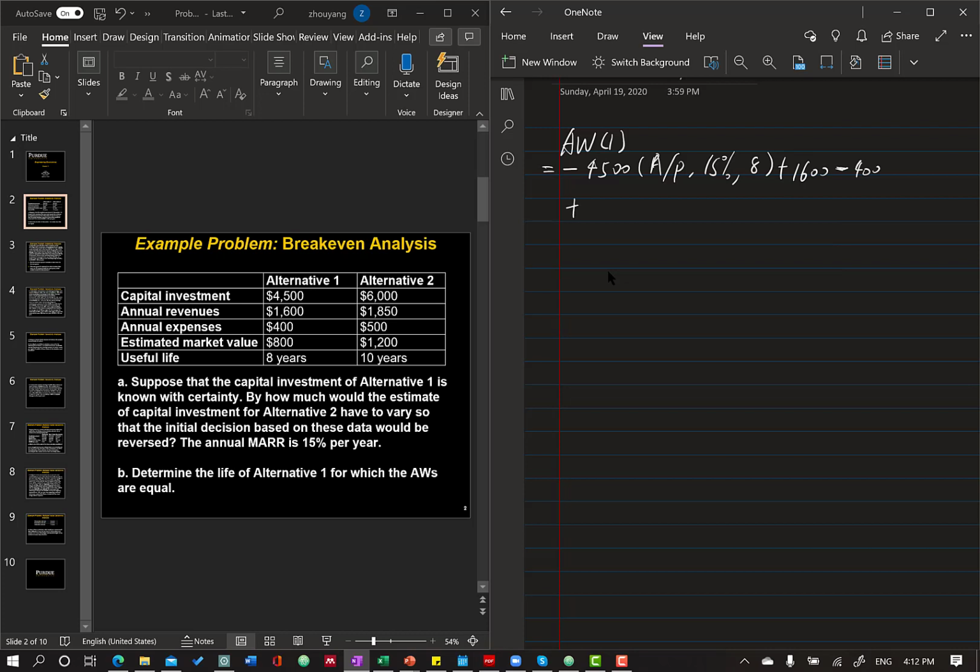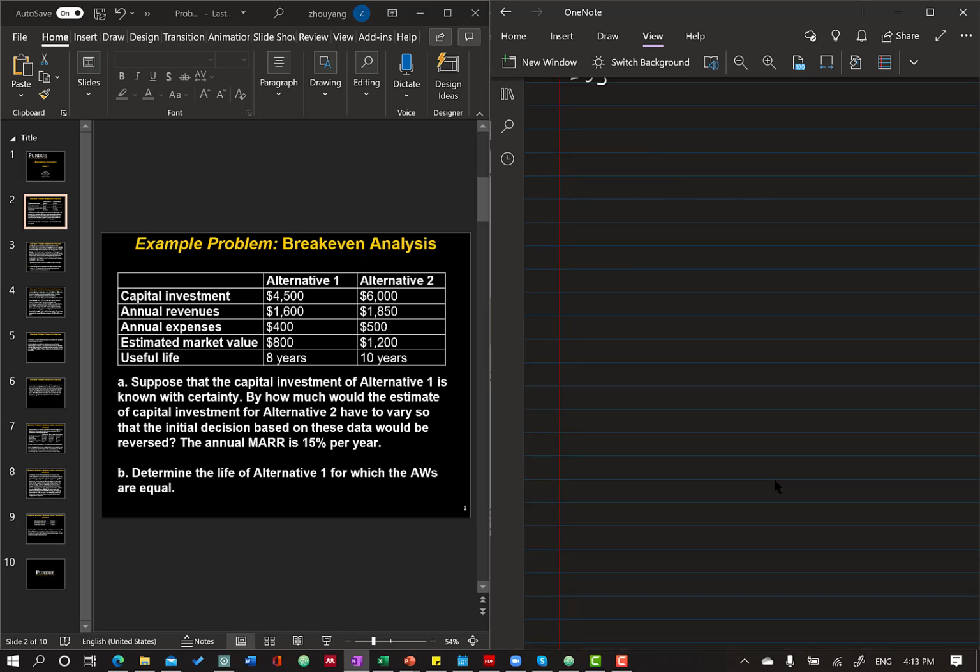That's what we're going to receive for alternative 1, so it's a positive value, plus 800, and I'm going to change that to the annual worth. So A given F, we have 15% in 8 years, and this number would be 255.